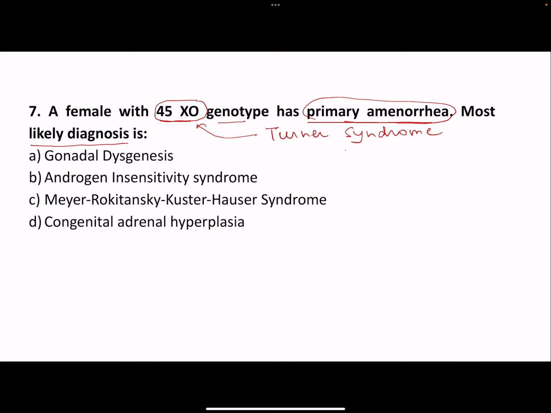The Turner syndrome is also called ovarian dysgenesis. This is also called gonadal dysgenesis. So the correct option to this question is option A, that is gonadal dysgenesis.